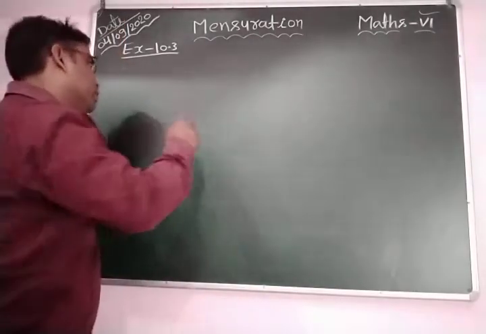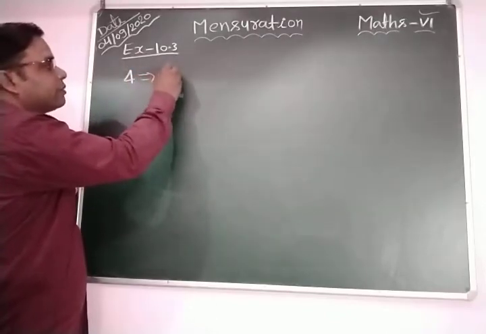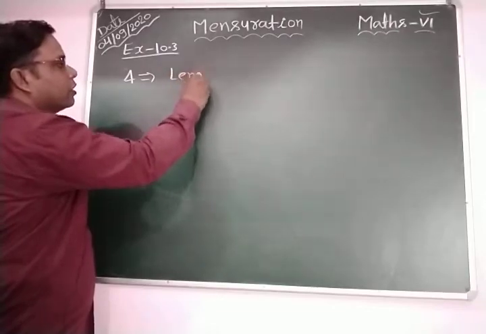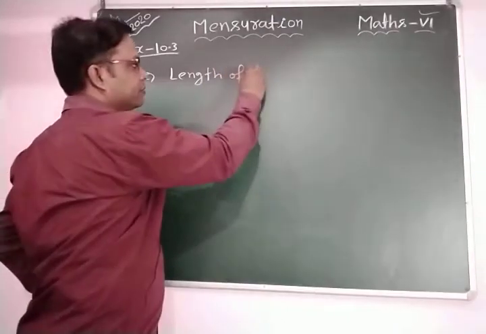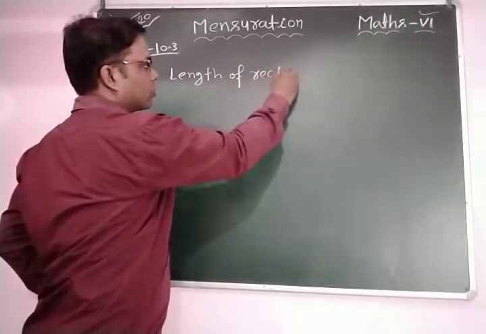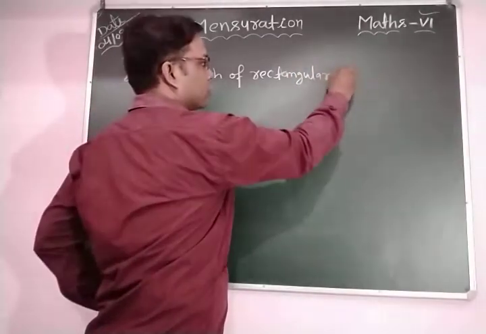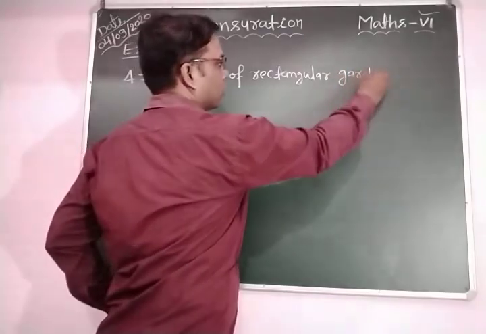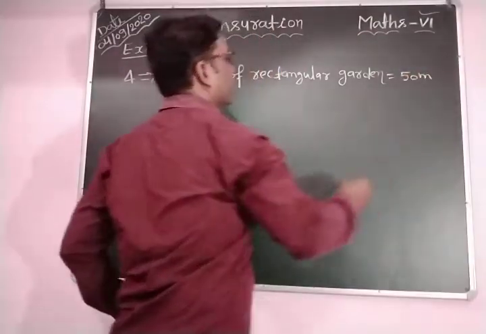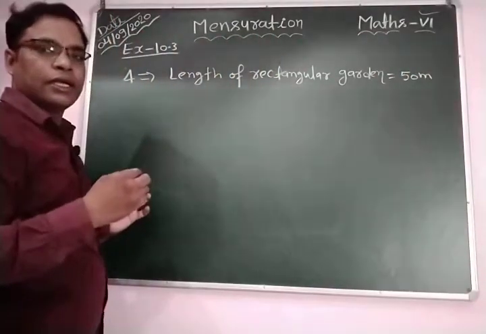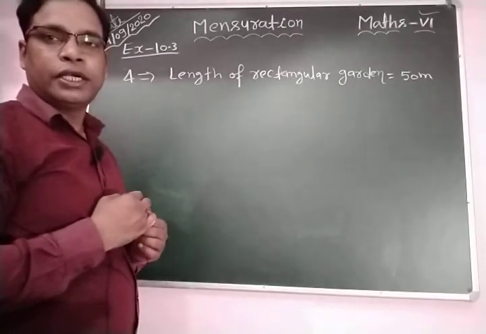In this question number 4, the length of the garden is given. The length of a rectangular garden is given, 50 meter. Now the second piece of information is also given: the area of the rectangular garden is 300 square meter.